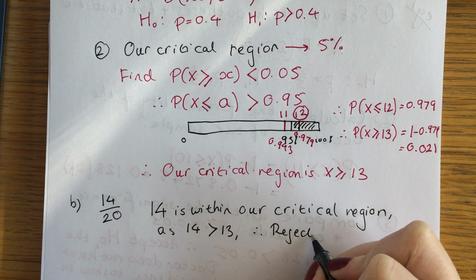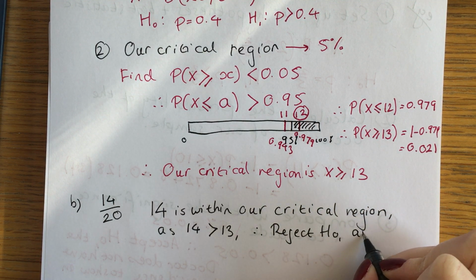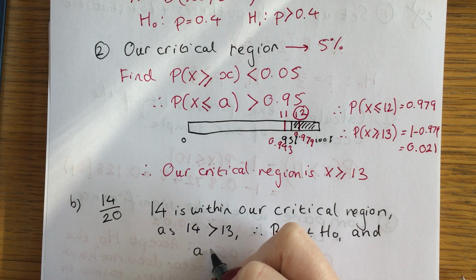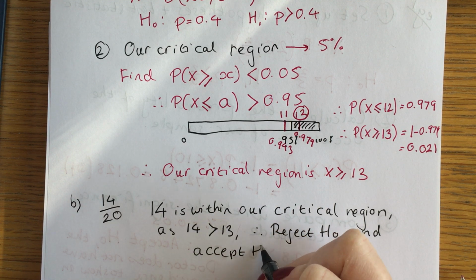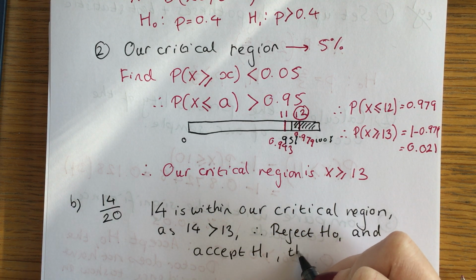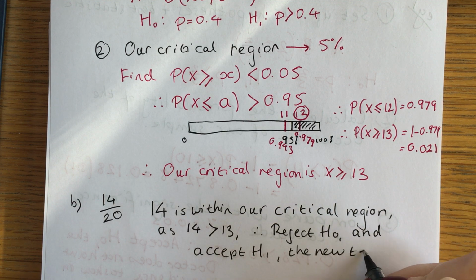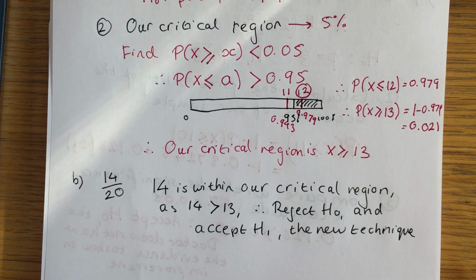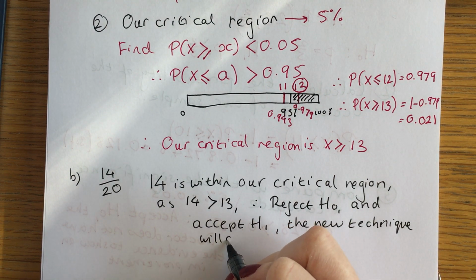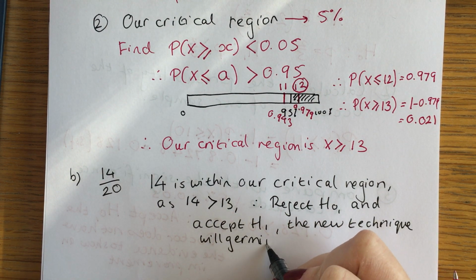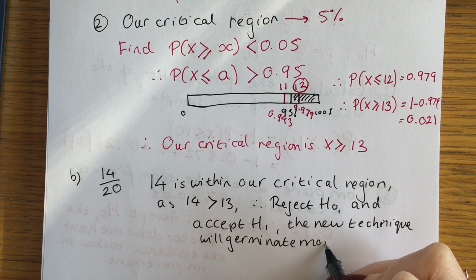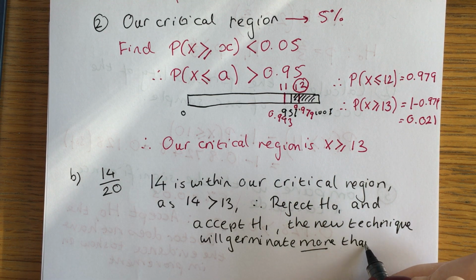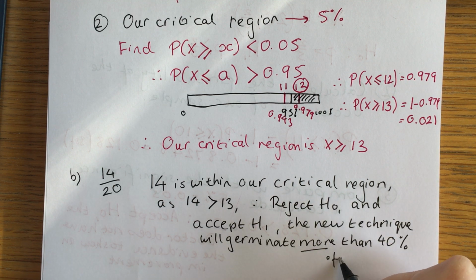Therefore, we can reject the null hypothesis and accept the alternate hypothesis. The new technique will germinate more than 40% of plants.